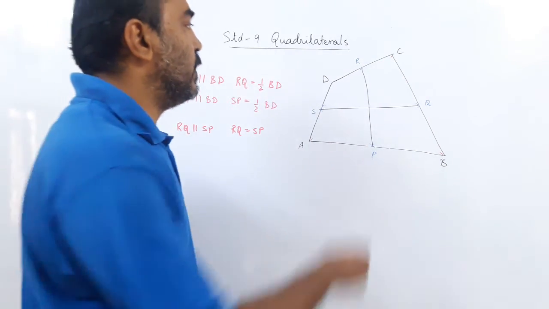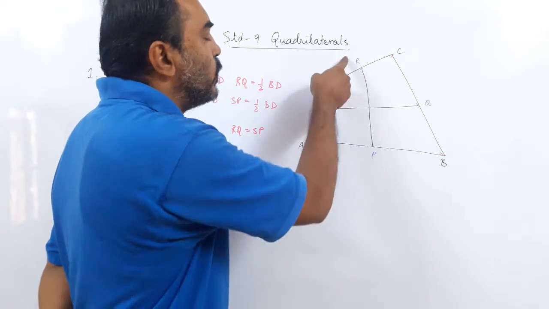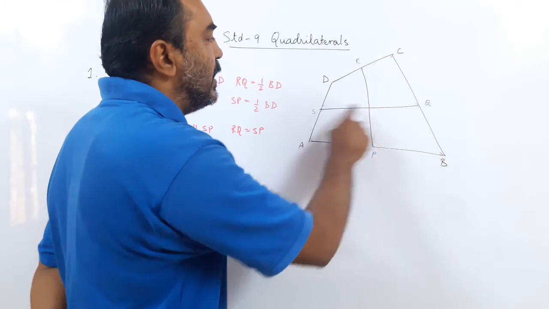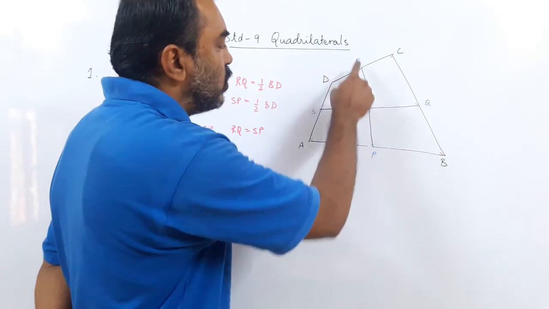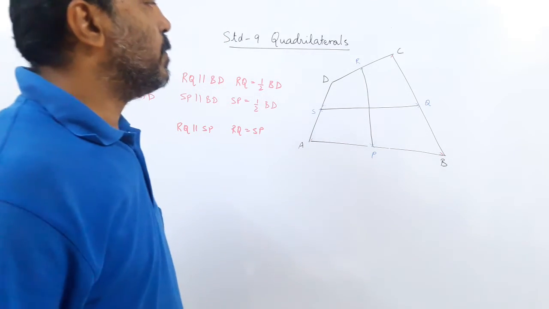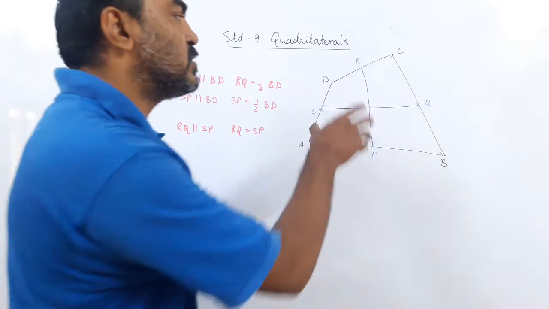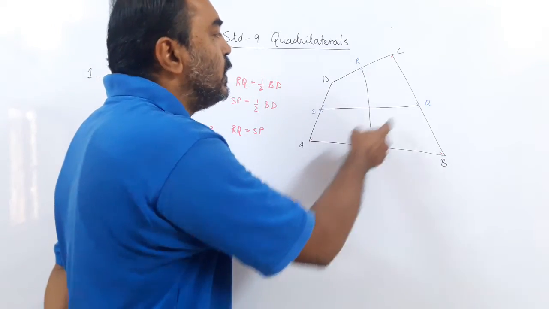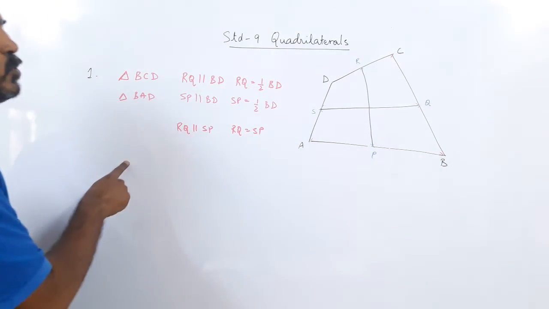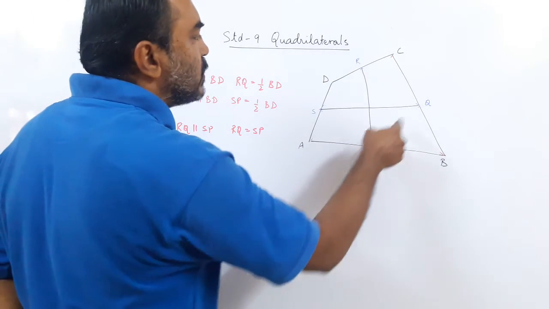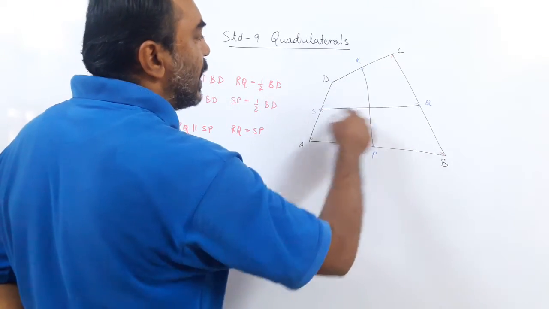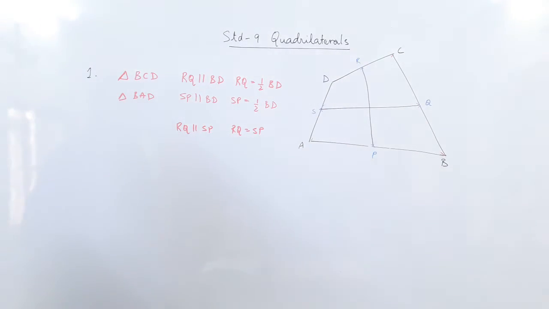Show that the line segments joining the midpoints of the opposite sides, meaning when you join R to P and S to Q, bisect each other. For this sum also, you have to first show PQRS is a parallelogram, which I showed. So once you show PQRS is a parallelogram, then automatically the diagonals of a parallelogram will bisect each other.